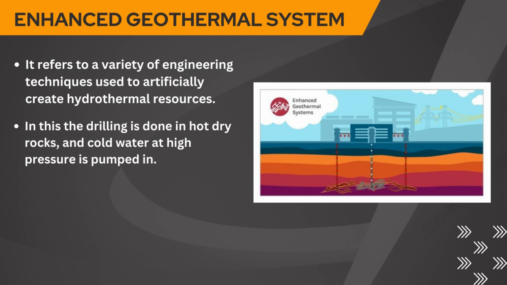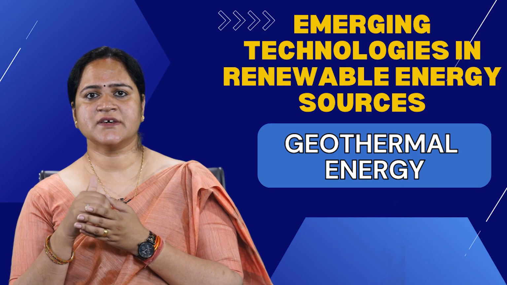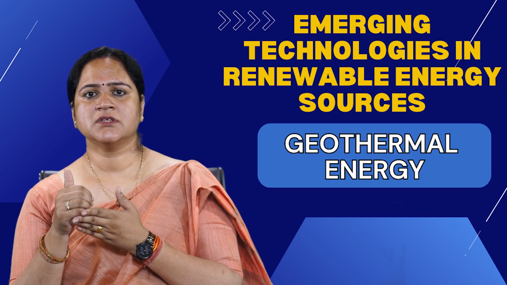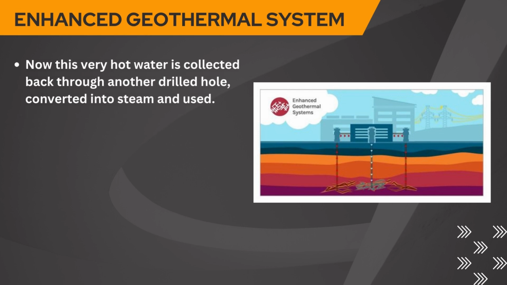This water travels through the cracks in the hot dry rocks and its temperature is increased. The water becomes very hot, and then this very hot water is collected back through another drilled hole, converted into steam, and then this steam is used for driving the turbine and producing electricity as well.